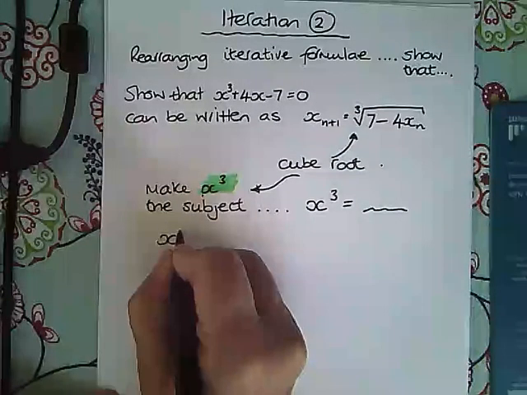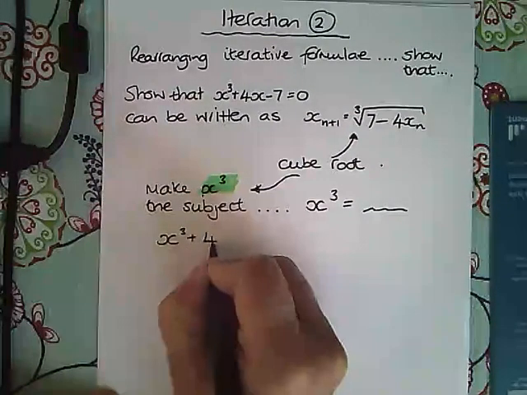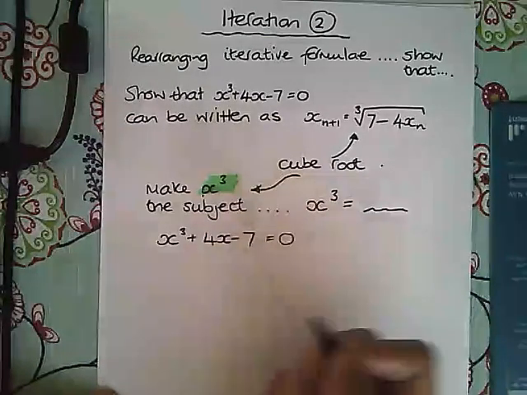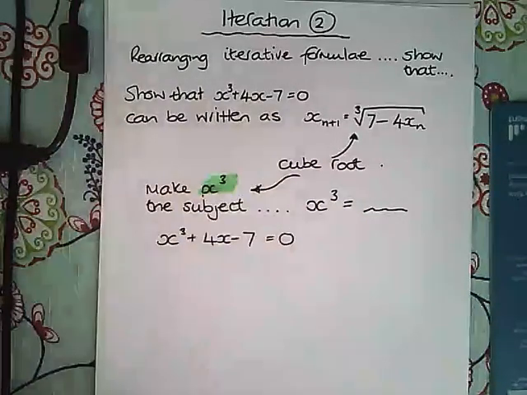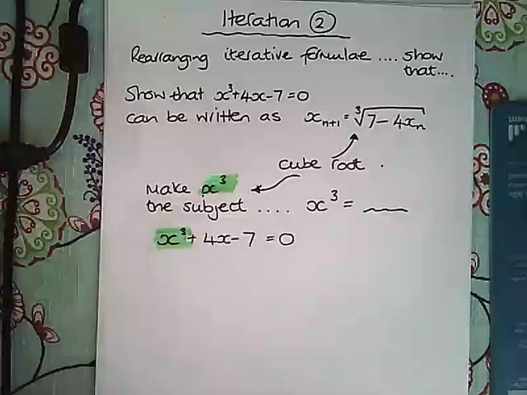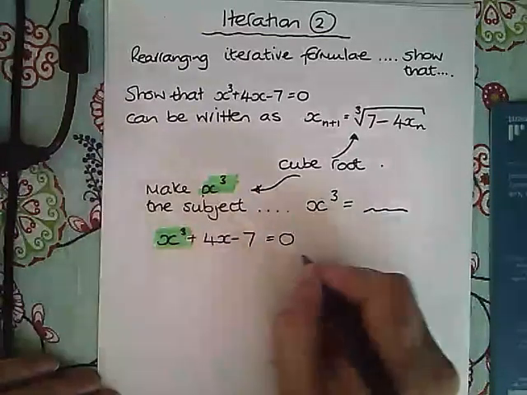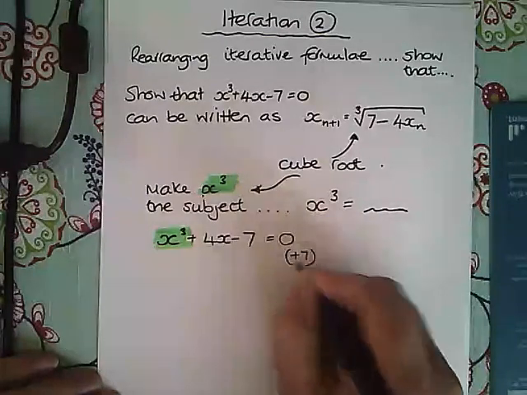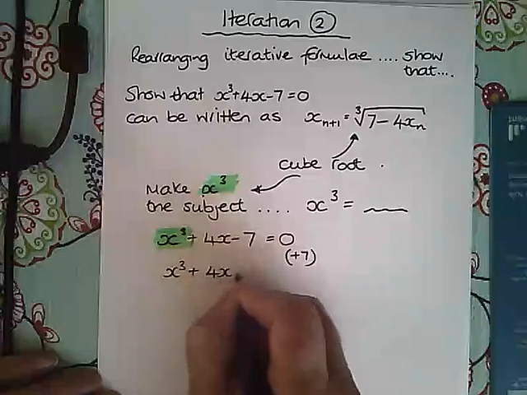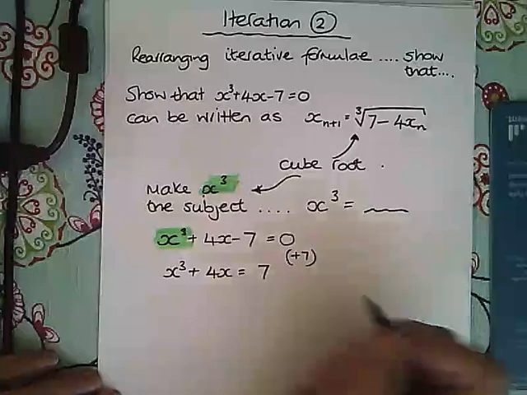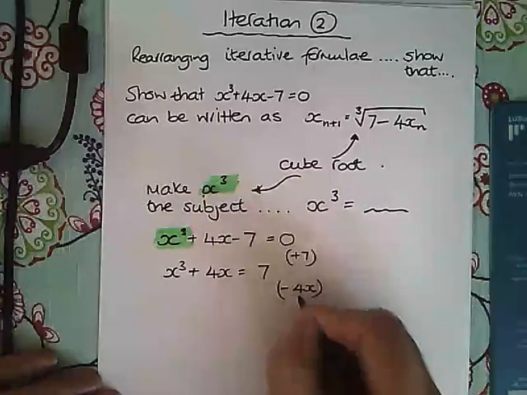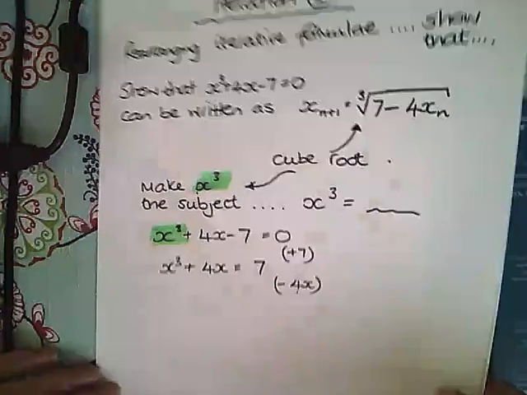So x cubed plus 4x minus 7 equals 0. We start rearranging and we're trying to get this x cubed term on its own. First thing I'm going to do is add 7 to both sides. So x cubed plus 4x is equal to 7. Then I'm going to subtract 4x from both sides in order to get the x cubed on its own.